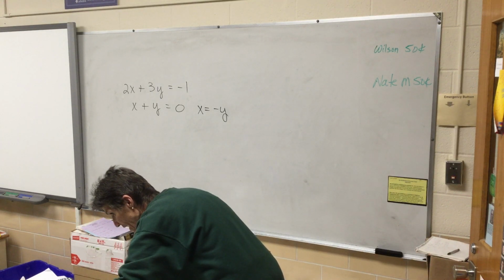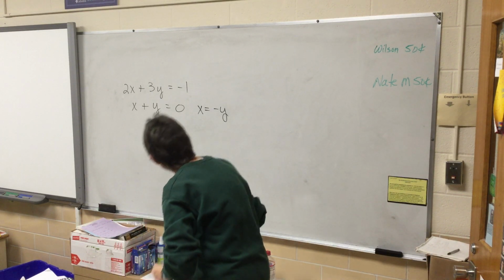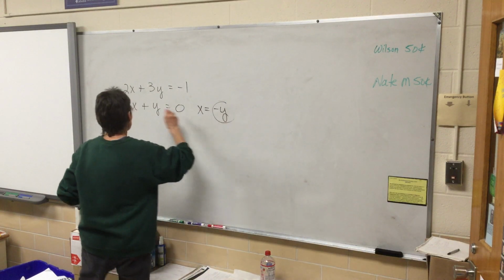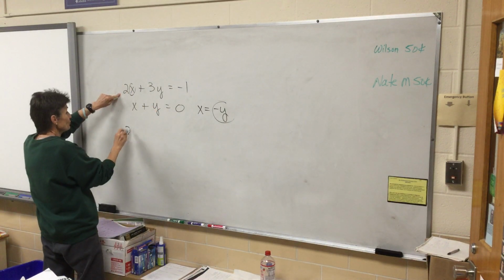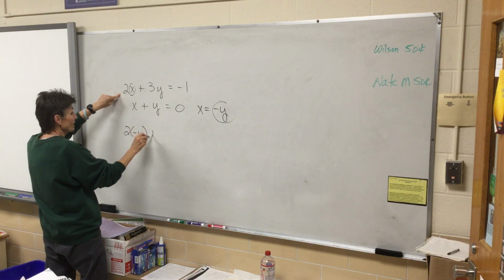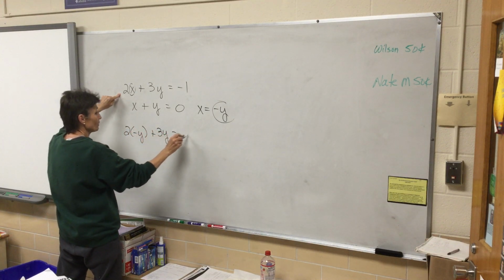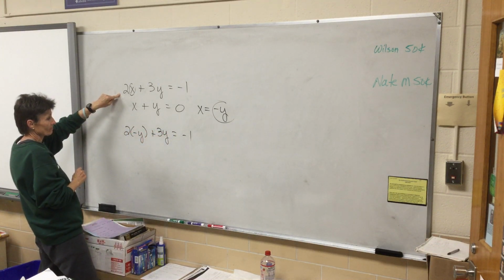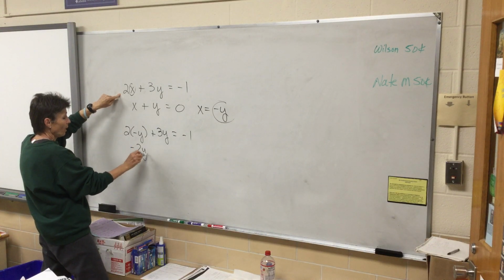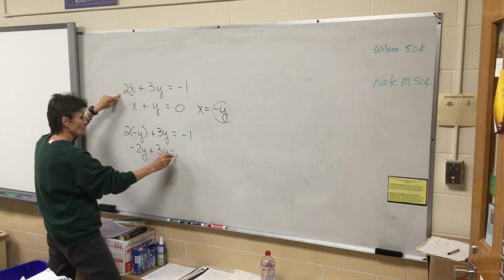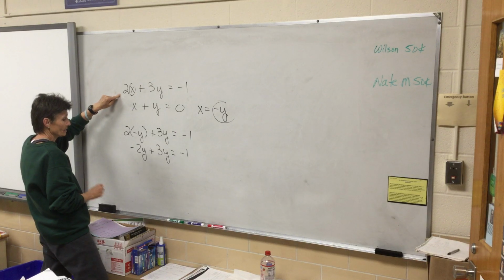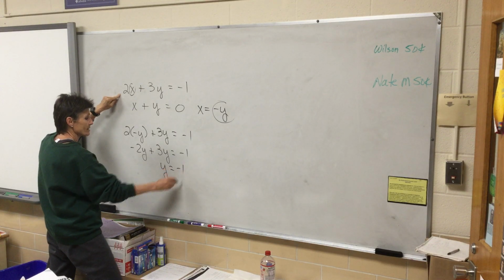Would everybody agree with that, one or the other? Then I'll take that and plug it in. So 2 times -y plus 3y equals -1. So -2y plus 3y equals -1. And y equals -1.